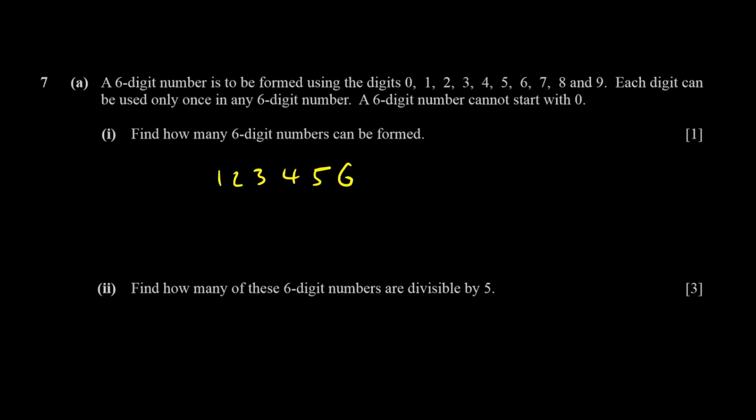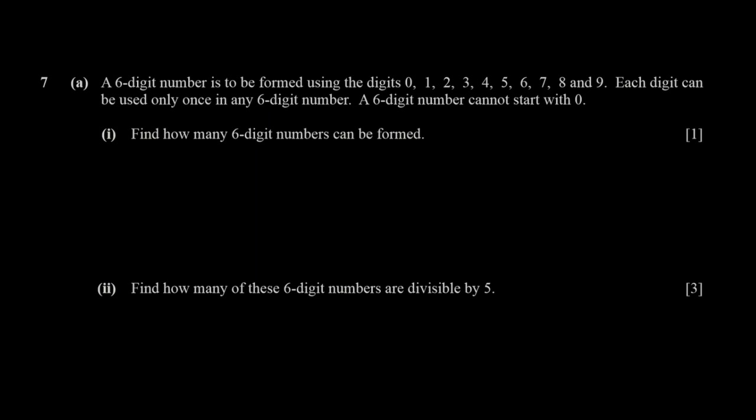And I was to take those 6 digits and rearrange them to 4, 3, 2, 1, 6, 5, the digits for this number are exactly the same as the digits for this number, but the point is these are 2 different numbers, because the arrangement, the order of the digits, is important. It makes this thing into a different number. So we've got to use permutations.